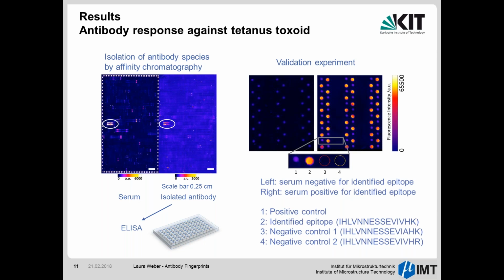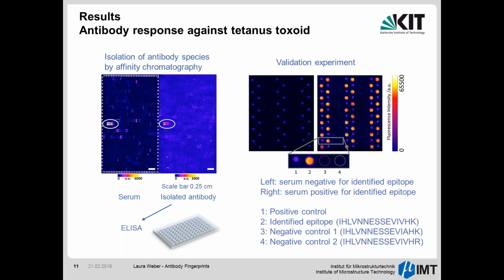And in each of these 2 peptides, we exchanged 1 amino acid that was identified as being relevant for the binding. So in the first negative control, the valine was substituted by alanine. In the second, the lysine was substituted by arginine.